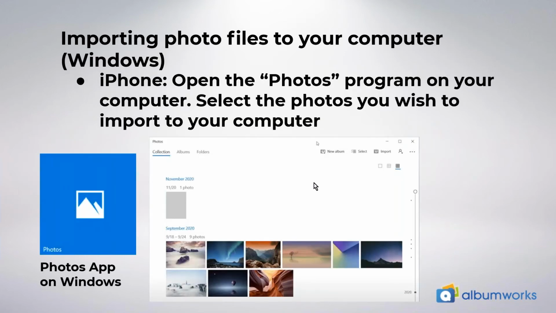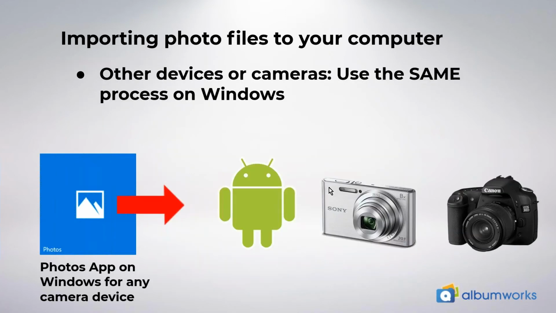For Windows users, it's a similar process. You open the Photos program on your computer and select all the photos you wish to import. The Import button is in the top right-hand corner also. And again, I'll try and demonstrate this shortly. The good news for Android users, you can use the exact same process on Windows computers.